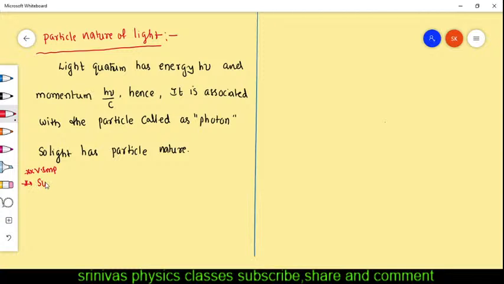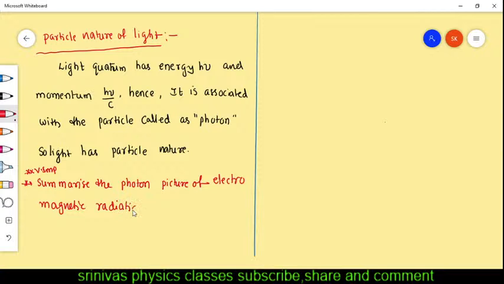Summarize the photon picture of electromagnetic radiation.